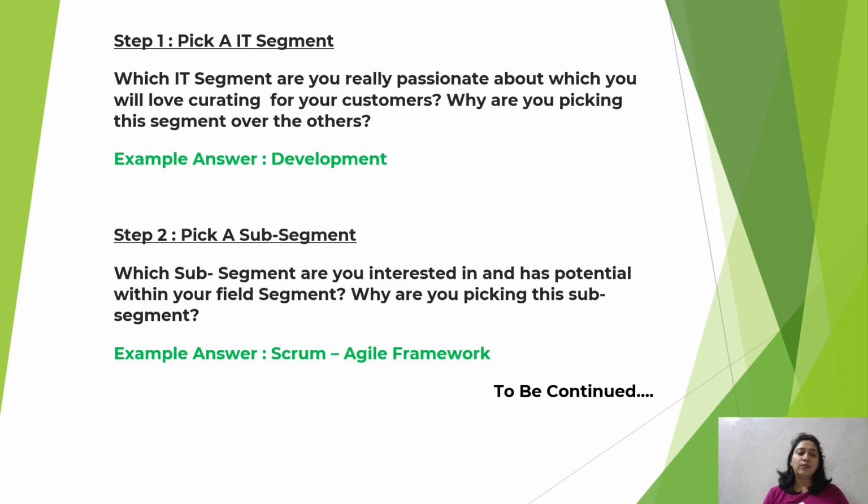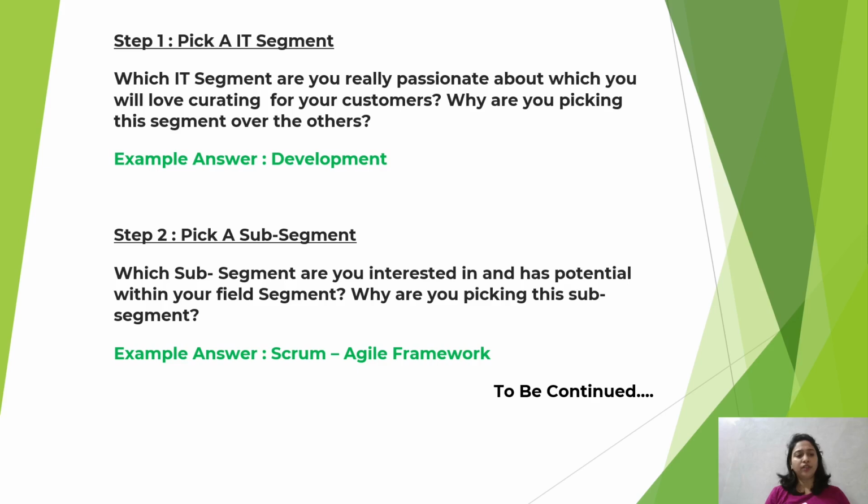The first step is to pick your IT segment. I have given examples like development; you can choose support, IT infrastructure, or cloud. So the first step is just to pick your IT segment.